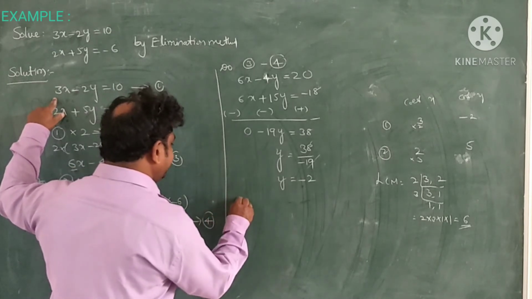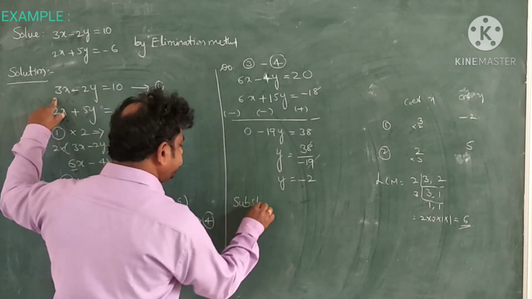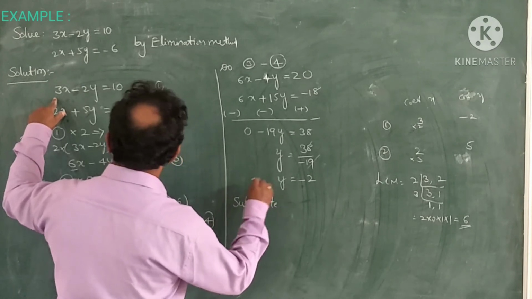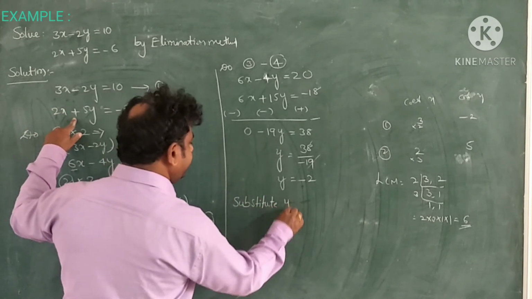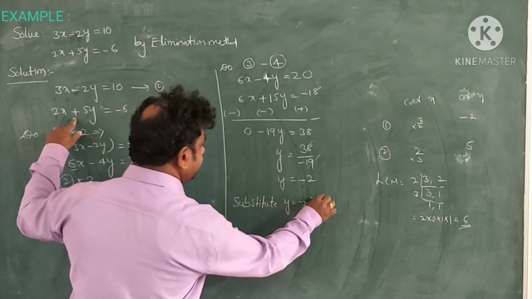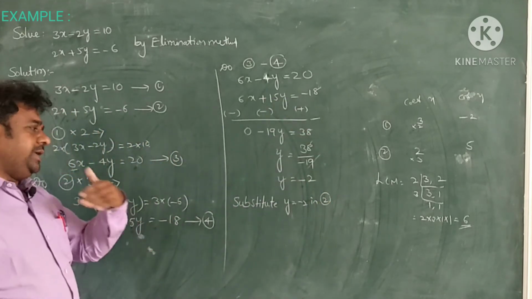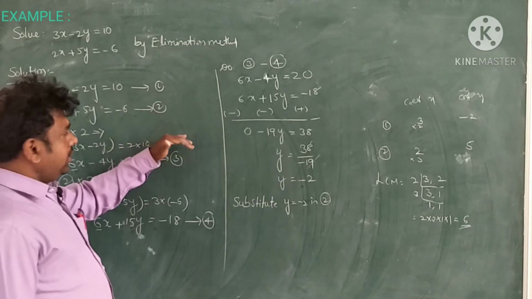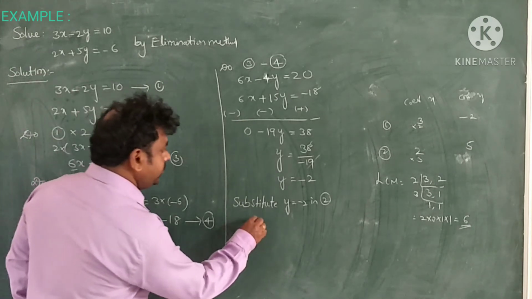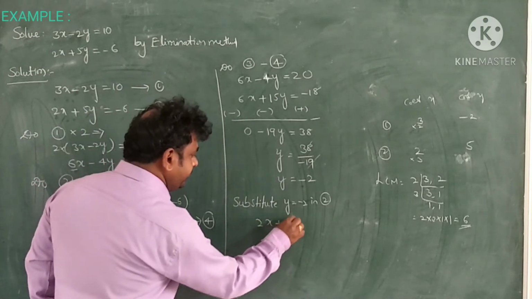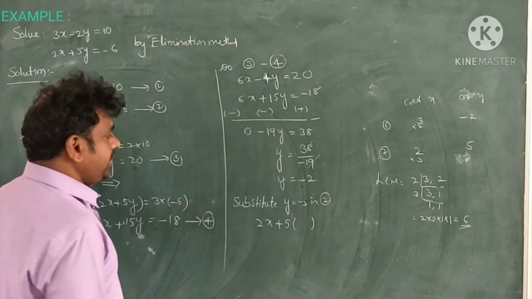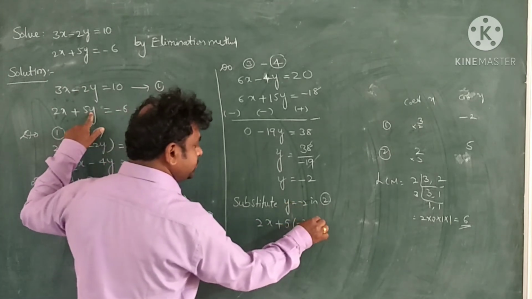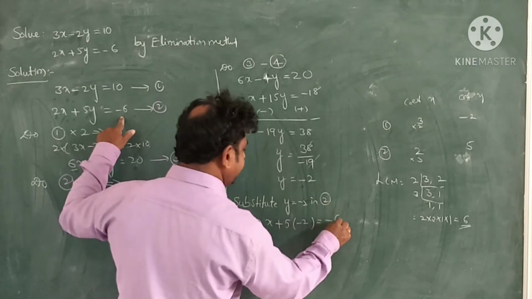Now let us substitute y equals minus 2 in equation 2. As you wish, you can substitute in either 1 or 2. Now 2x plus 5 into y, and the value of y is minus 2, equals minus 6.